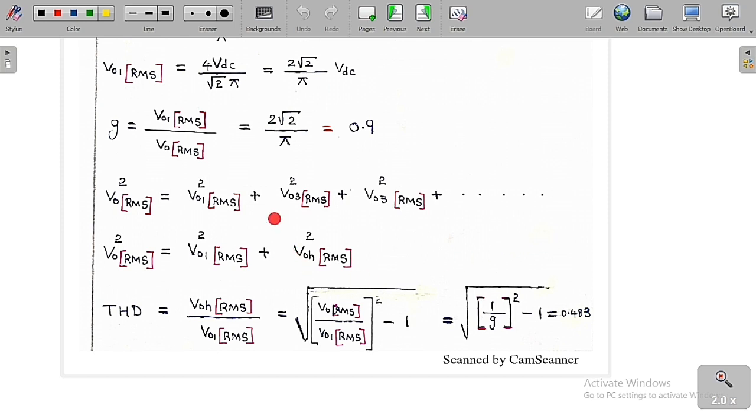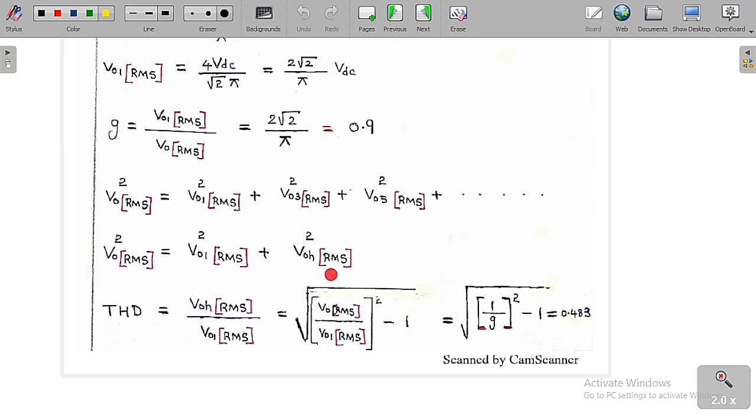Now, except the fundamental, everything remaining is said to be the harmonic component. Therefore, V0 RMS square is equal to V01 RMS square plus the RMS value of the harmonic component in the output voltage squared.